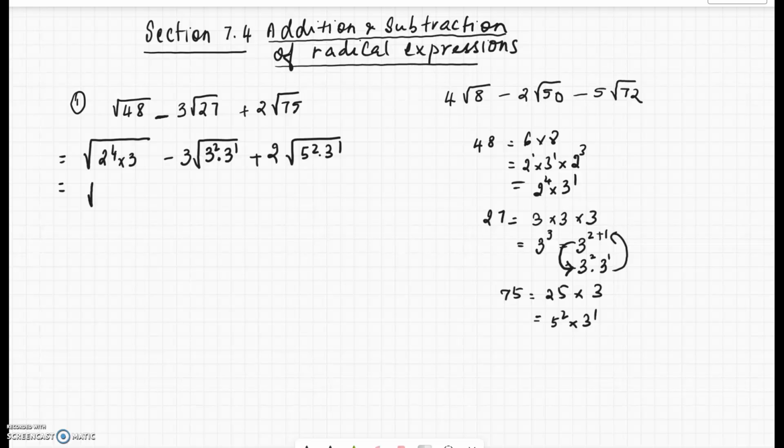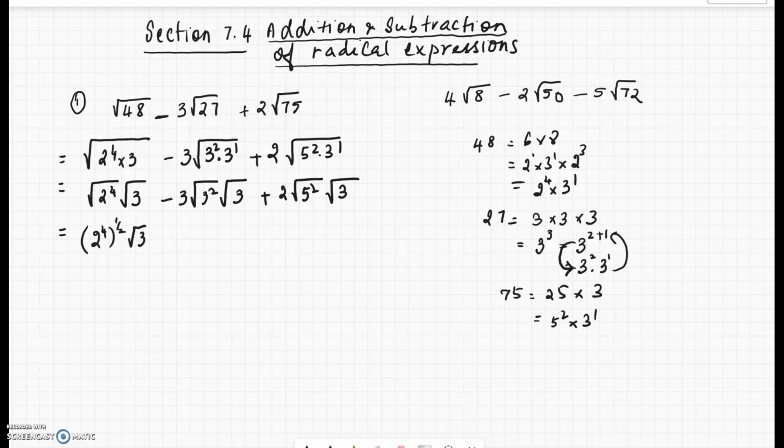So that's equal to the square root of 2 to the 4 times the square root of 3, minus 3 square root of 3 squared times the square root of 3 to the 1, 3 plus 2, plus the radical 5 squared, and then square root of 3. Now simplifying, 2 to the 4th to the half. I'm going to leave this as radical 3 because I cannot simplify the radical 3 any further.